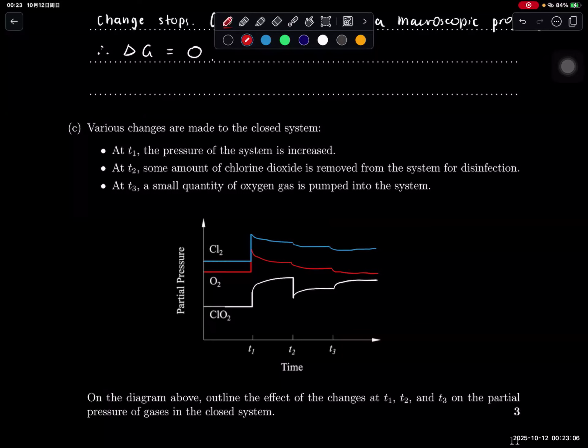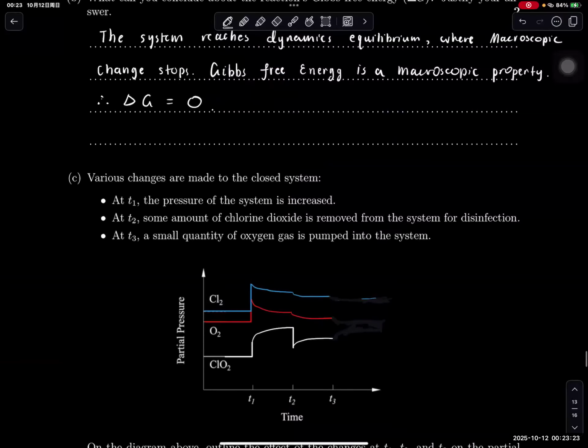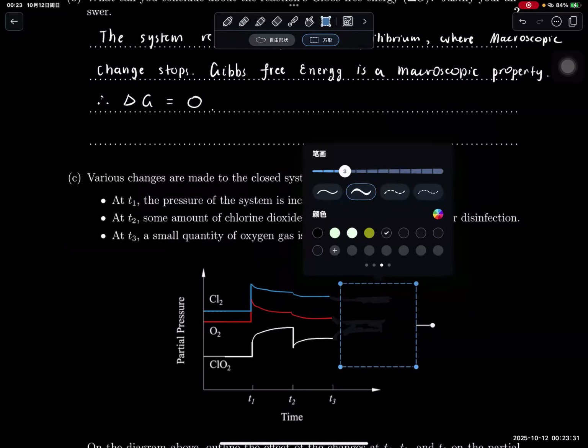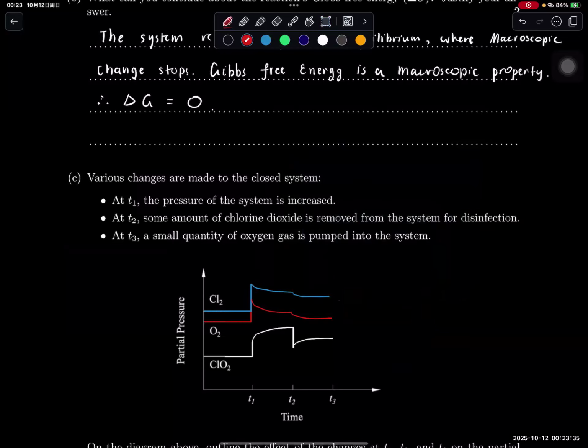I'm just going to correct that. A small quantity of oxygen is pumped into the system. How could I make this mistake? This should be black. Okay, I'm going to redraw this diagram.